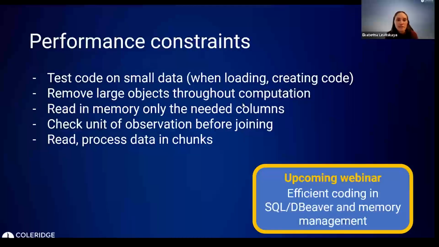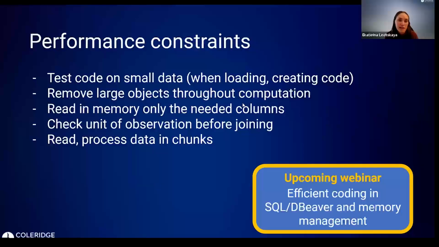For example, first testing your code on small data when loading or creating code, removing large objects from memory throughout the code computation, reading into memory only the needed columns for the analysis, making sure to check the unit of observation before joining large data sets, and, on the whole, reading and processing data in chunks. These types of tips work very well for memory management in any programming language.